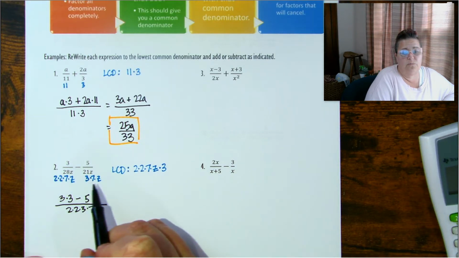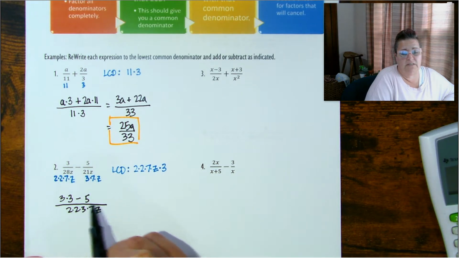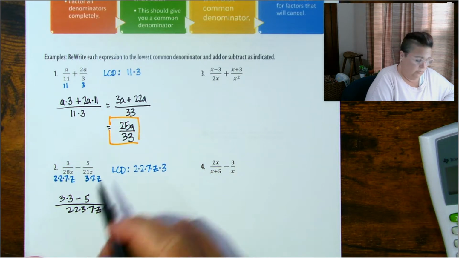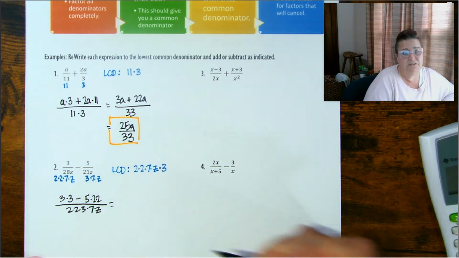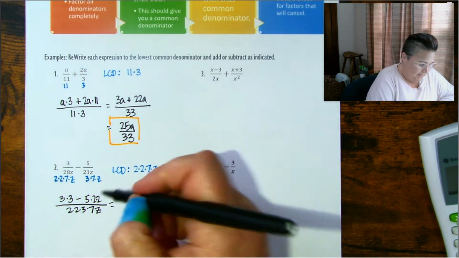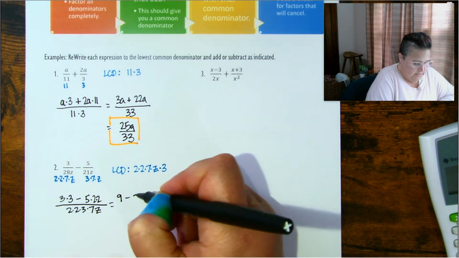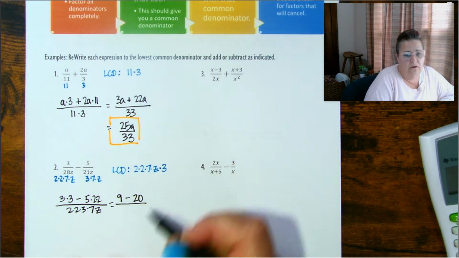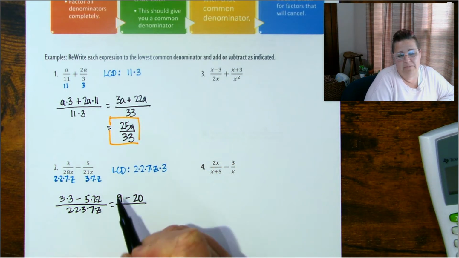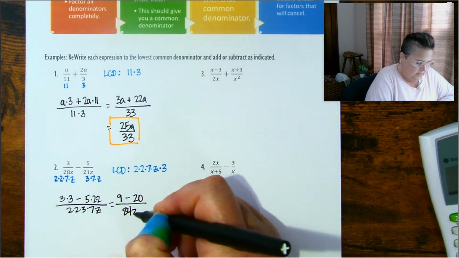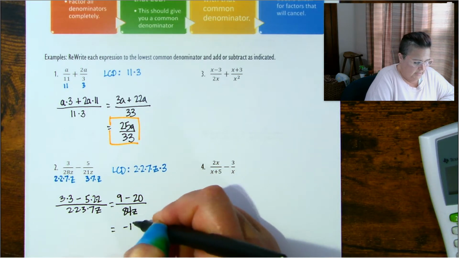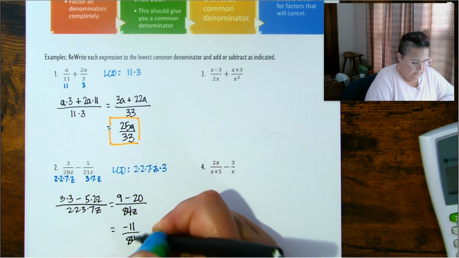So in order to build this denominator to match this one, I had to multiply by 2 times 2. So this gives me a 9 minus 20 over, and now that I've got that piece, I might want to simplify this denominator to 84z, which is a negative 11 over 84z.